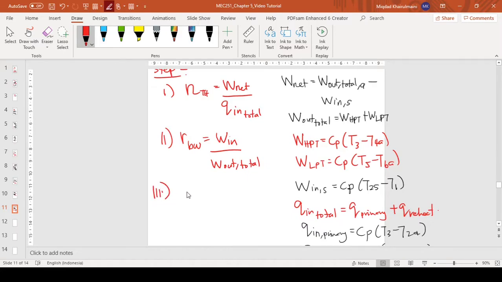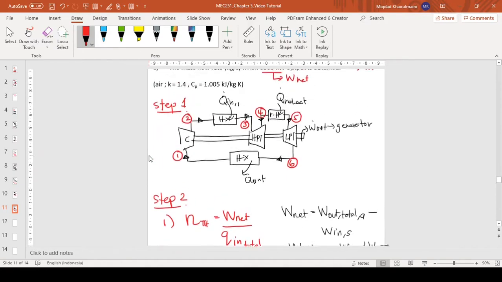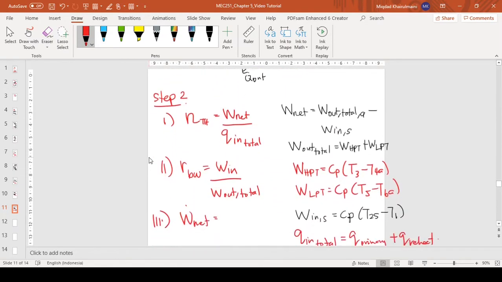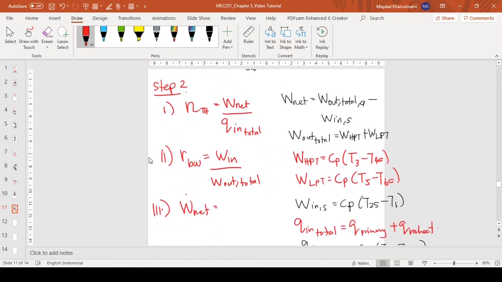So already given the work net in capital letters, which was 6,500 kilowatt. So we know the equation for work net. Work net is also equal to m dot multiplied with the work net in lowercase letters.